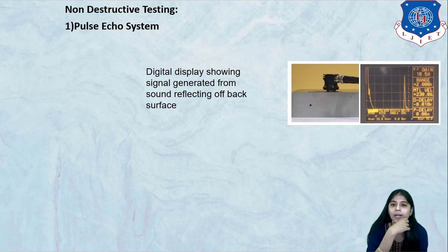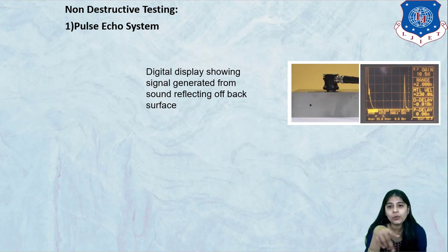Here I am showing you a screen of the CRO. This white colored object is a sample being used to detect the location, and you can see there is a black hole in this sample, which is the defect to be located. The transducer is sliding over the region where there is no defect.